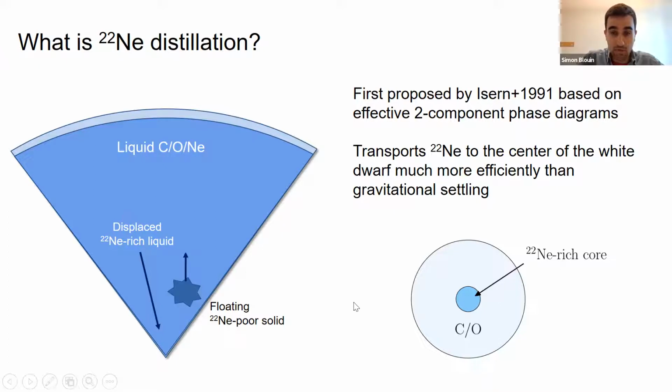So this means that this process is really efficient at transporting all the neon 22 in the core towards the very center of the white dwarf and forming a very neon 22 rich core. So about 1/3 of this core would be composed of neon 22, and the rest of the core would be essentially containing no more neon 22. So that's exactly the kind of process we want to explain the Q-branch anomaly.